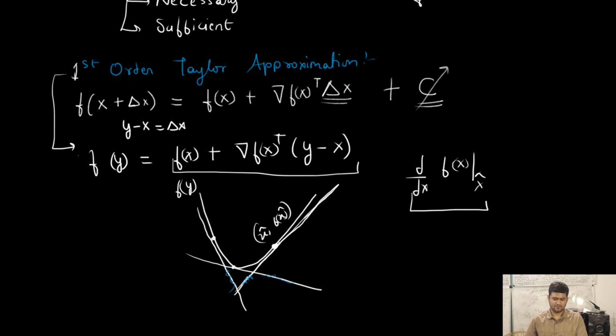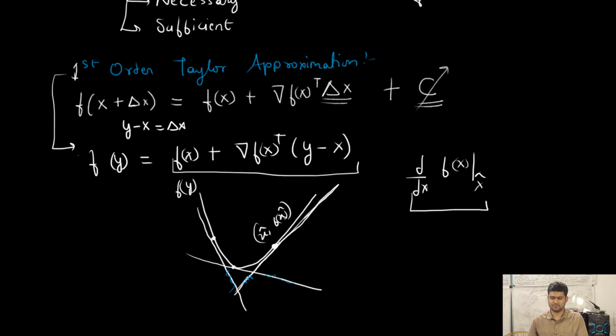So if the first order Taylor approximation is a global underestimator of the function f at all the points in the domain, then the function is convex. This is what this condition represents.